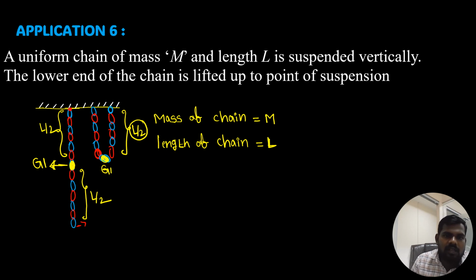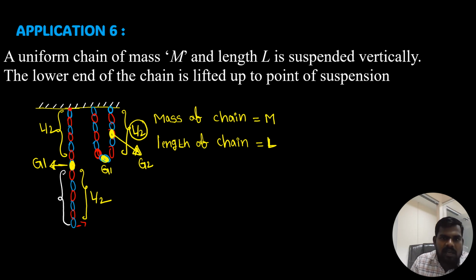Now I'm taking this part, which is also a center of gravity if I consider half the chain. I'm calling this G2, the center of gravity 2, when lifted vertically upward. I'm considering only this part of the chain.